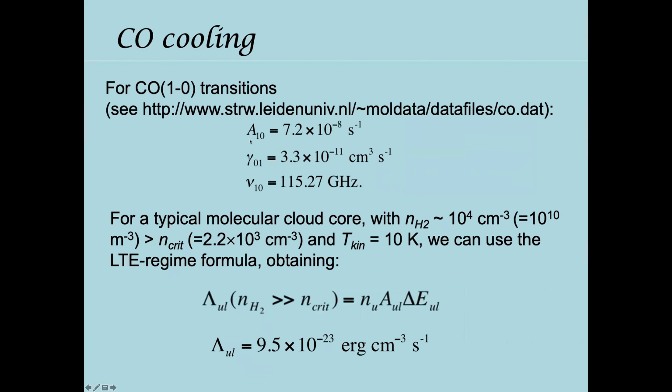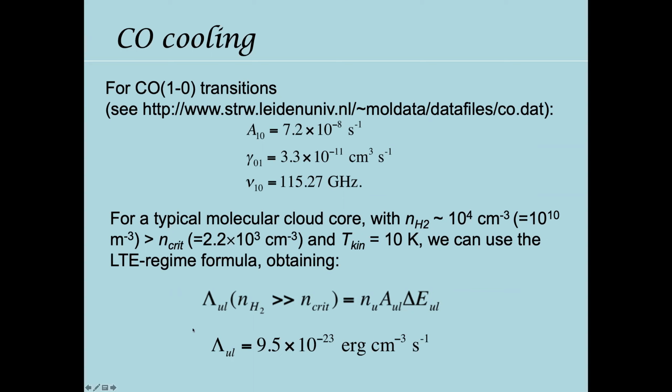If we wanted to understand the cooling rate for the CO molecule, you need the Einstein coefficient of the transition 1 to 0, and the collisional coefficient for de-excitation from 1 to 0, because in these conditions of a molecular cloud, where the density is higher than the critical density of the transition, basically each excitation will be followed by a collisional de-excitation. So the collision de-excites the molecule before the molecule will actually radiate back.